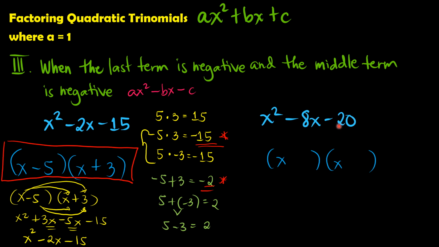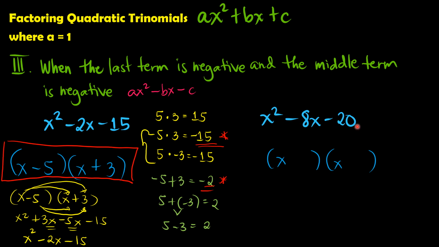So, kung iisipin natin sa 20 ay 5 times 4. Pero kapag inadd yun or sinubtract, hindi naman magbibigay ng sagot na negative 8. So, isip na panibagong factor kay negative 20. Hindi pwede si 5 times 4 kasi hindi siya magbibigay ng sagot na 8 or negative 8. Although, tama siya kay negative 20, hindi lalabas yung negative 8.